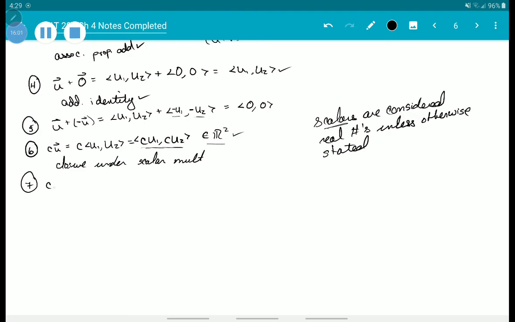Then we need to talk about a couple of distributive properties. If I take c and multiply it by the sum of u and v, I'm going to have c(u1 plus v1), c(u2 plus v2). Now we're talking about real numbers in each component, and the rules of real numbers say that you can distribute.